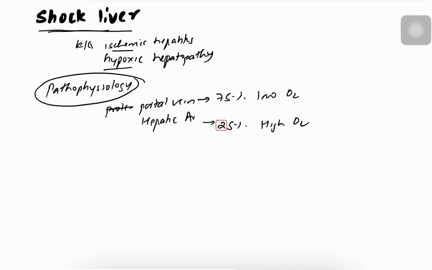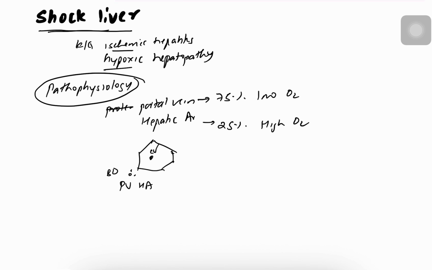And during shock, what happens? Look at the hexagonal hepatocyte: in its corners there are three things, our portal vein, hepatic artery, and biliary duct, and in the middle there is the central vein.